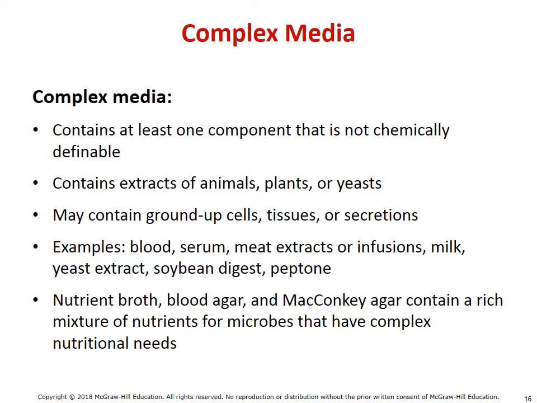Yeast extract, soybean digest, or even peptone. I do want to point out there can be a pretty wide mixture of things, and we can even add things to complex medias, making them more acceptable for some microbes that may have particular eating habits.